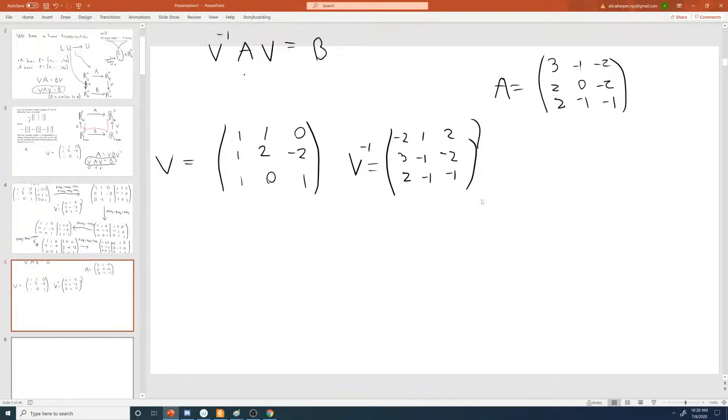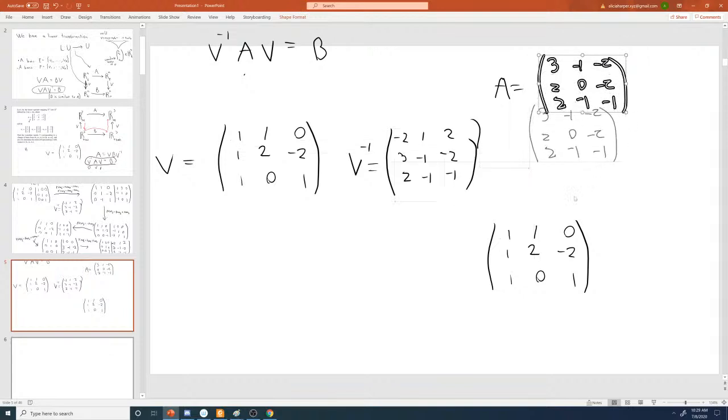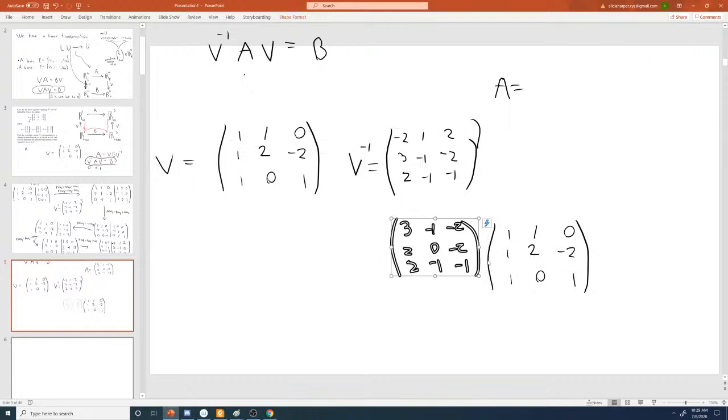First thing I'm going to do is I'm going to multiply V here with A. So I'll take this, and I'll take this, and then after I've multiplied these two, the next thing I have to do is I have to multiply V inverse.